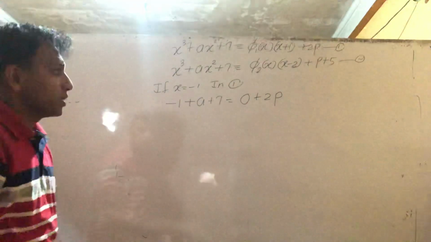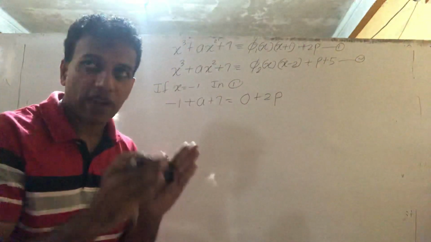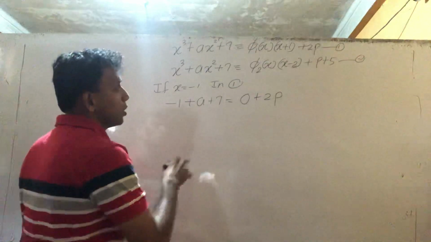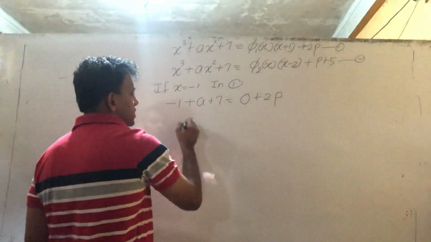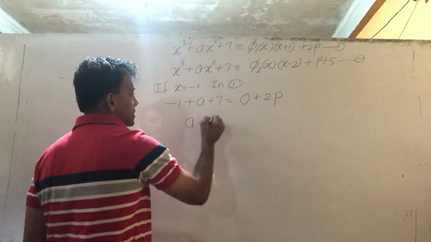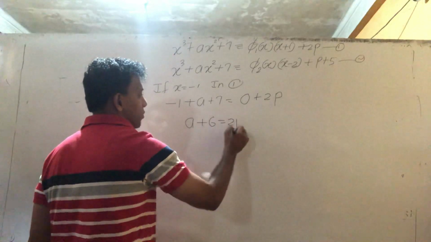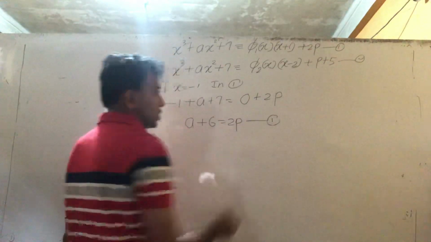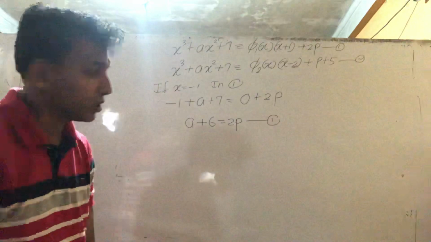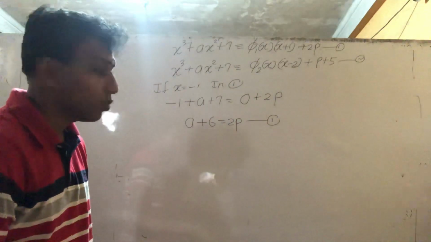So you can rearrange that. We have to find the a and p values. So in this case, a plus 6 equals 2p, right? That is the first equation. Once again, a plus 6 equals 2p.